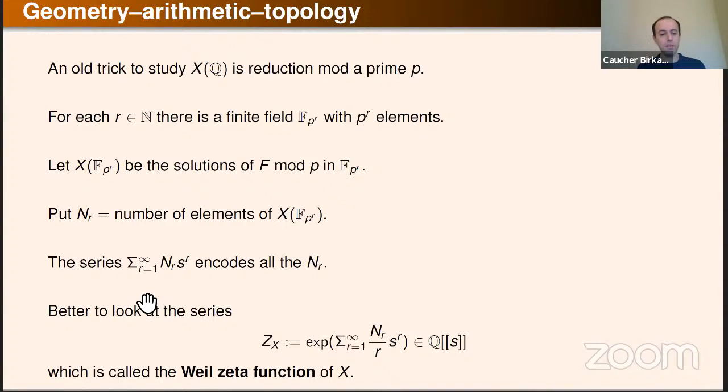However, experience shows that it's better to look at this new series, where you take sigma N_r divided by r times s^r, and then you take the exponential of this. You still get a power series, but with rational coefficients. And again, this power series remembers all these numbers. So if you say something about this power series, it will say something about all these N_r. And this series is called the Weil zeta function of X.